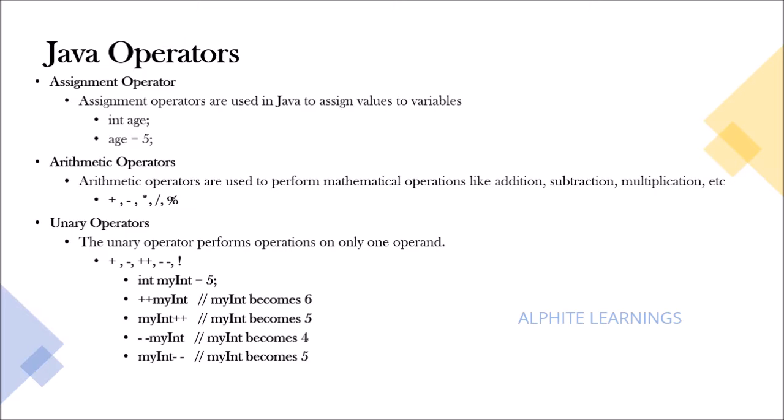Okay, you can use plus plus either in front of a variable or as a suffix as well. When you add it in front, it will work differently, and if you add it behind a variable, it will function differently. So if I'm defining a number, int myInt equal to 5, and I'm going to increment it, plus plus myInt, and I have given a print statement.